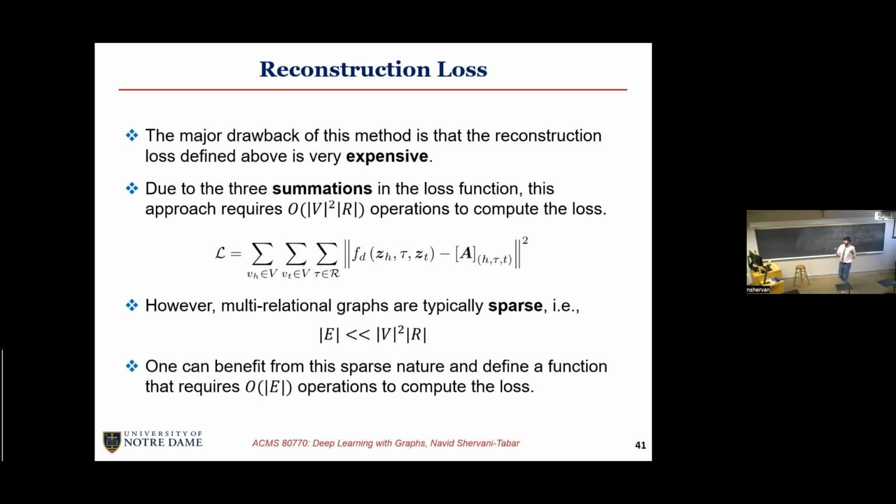So the total number of the edges is usually way smaller than this V squared R. So we would ideally want to define a loss function that only uses order of E operations to compute the loss. So this is a wasteful loss, and that's number one issue with it.